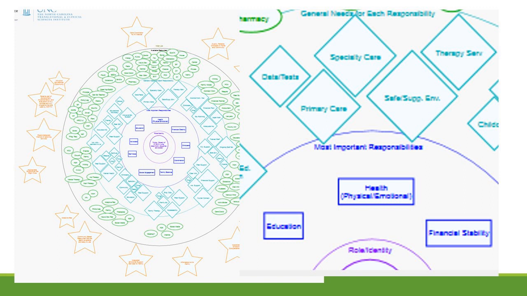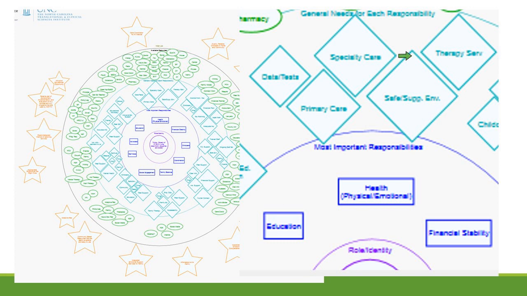So one of the examples I'm going to give you about this responsibility for health, physical and emotional, were some of the general needs that we have in order to meet those responsibilities. I need a reliable and knowledgeable primary care physician or pediatrician for Charlie. I've found that is very crucial to being able to coordinate all of Charlie's care. You can also see that I put in here specialty care providers.